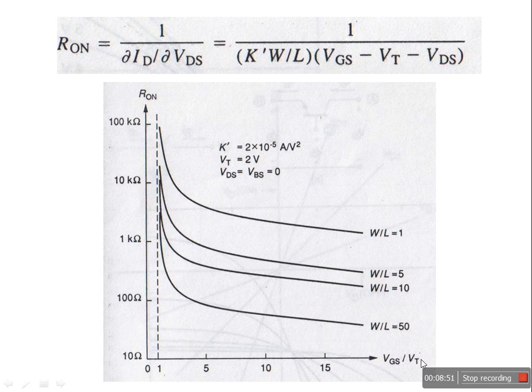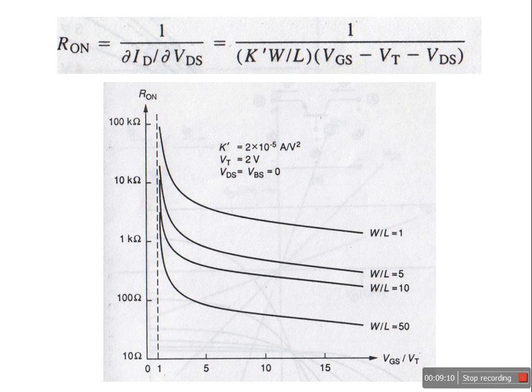VGS over VT is VGS only, though it is a ratio. The ratio is just to show you that when VGS over VT is equal to 1, this means VGS is equal to VT. When VGS over VT is less than 1, this means VGS is less than VT.